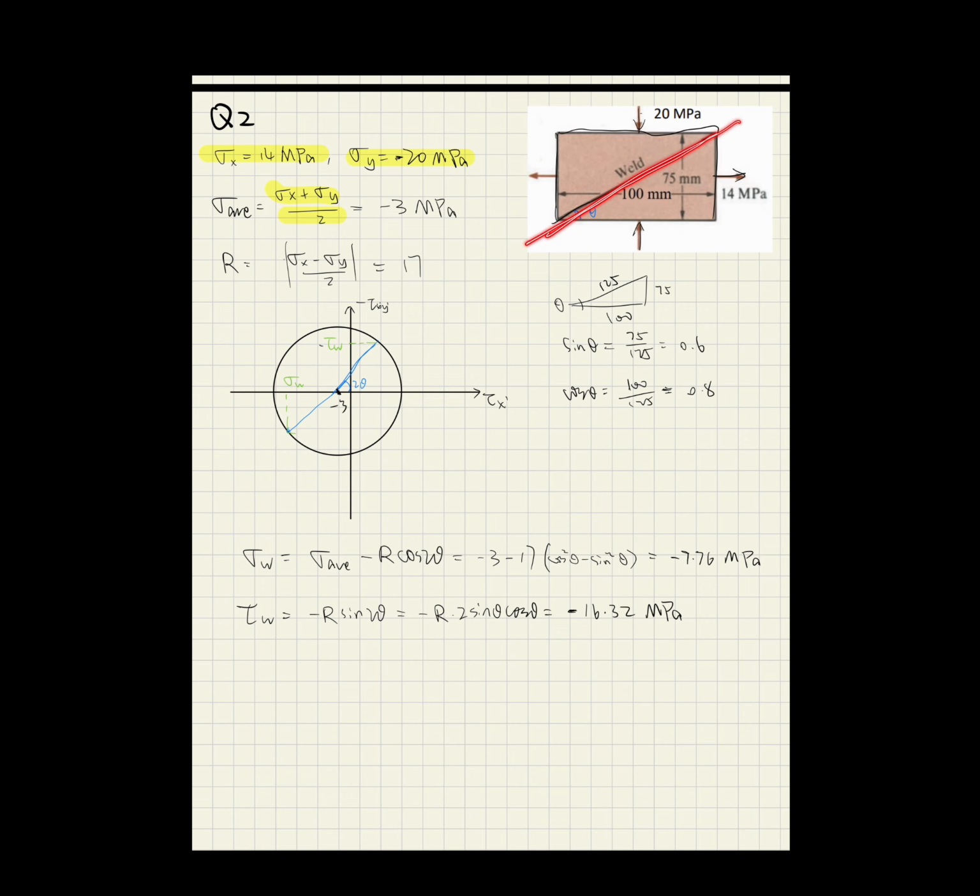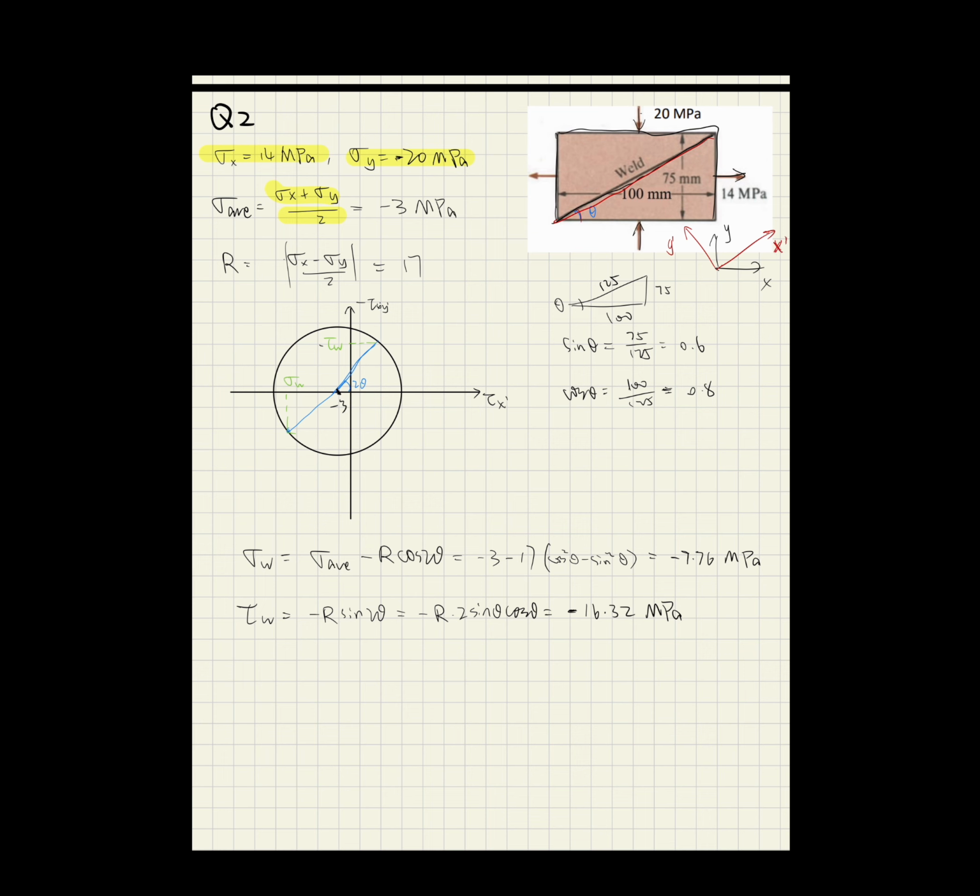So of course, the thing we should do is to rotate the original coordinate system xy to the weld x prime, y prime, where the weld line is exactly parallel with this x prime axis.